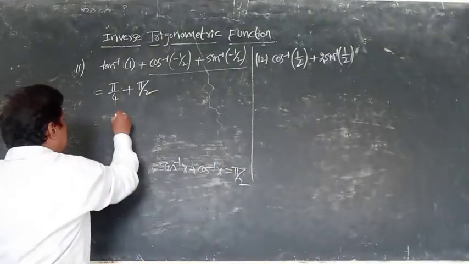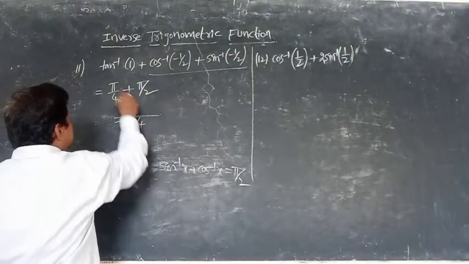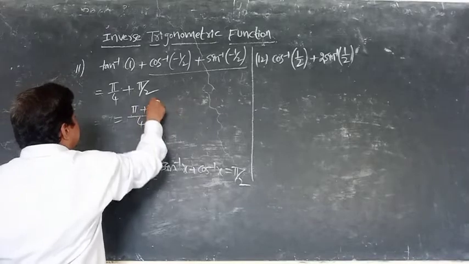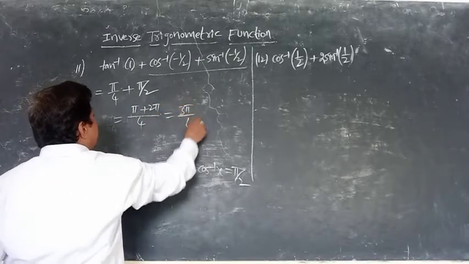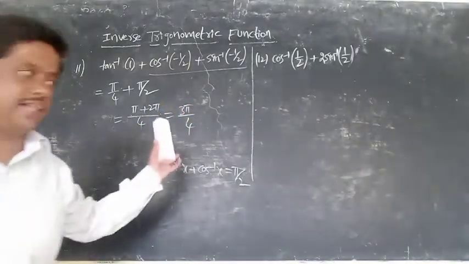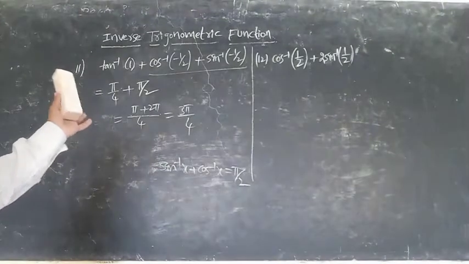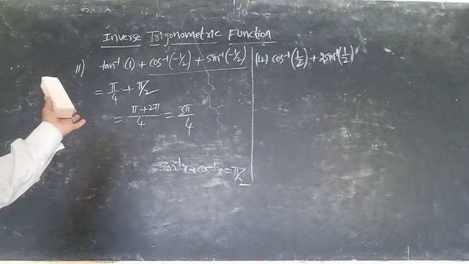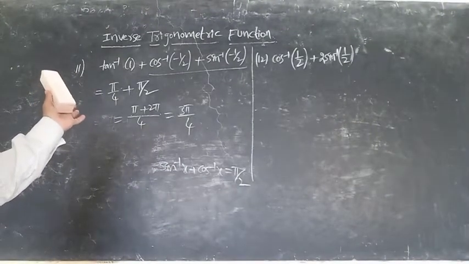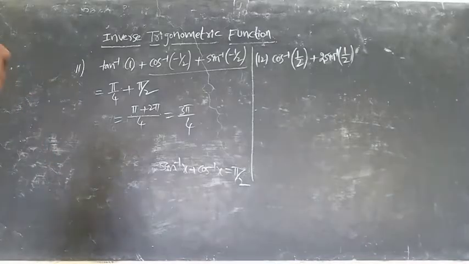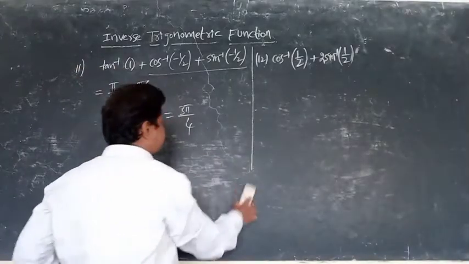Taking 4 as the LCM, pi plus 2 pi is 3 pi by 4. We can solve it like that; this is another method. Next we will see the next problem.